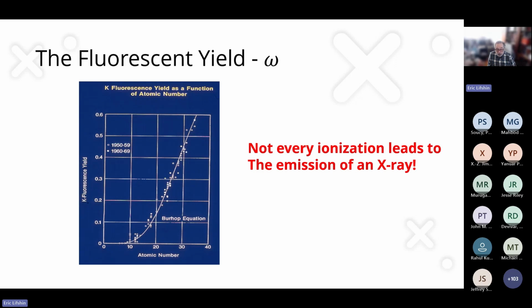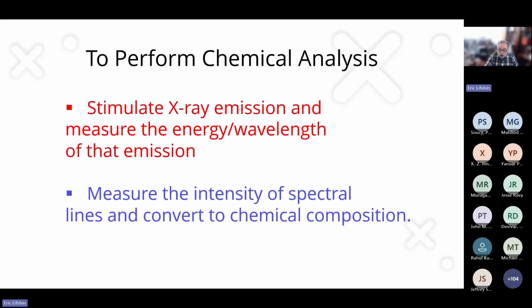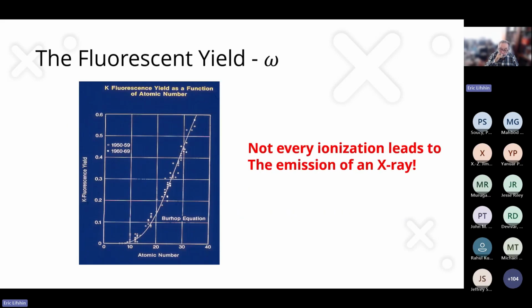The fluorescent yield is very small, so most of the energy would go to the emission of Auger electrons. Now, I could show you plots for L lines and M lines, but take my word for it, they look like a shotgun was fired at the graph. They're very complicated.